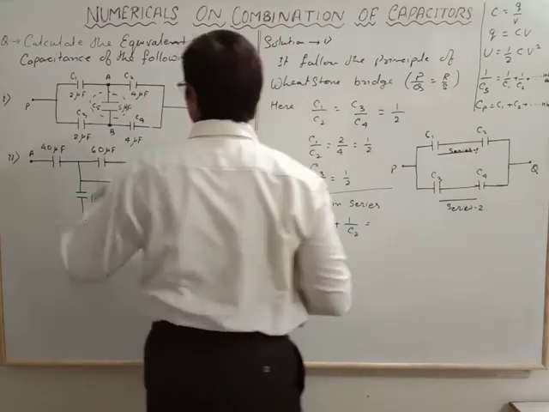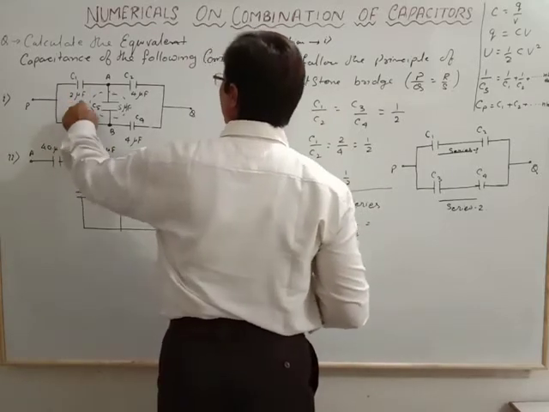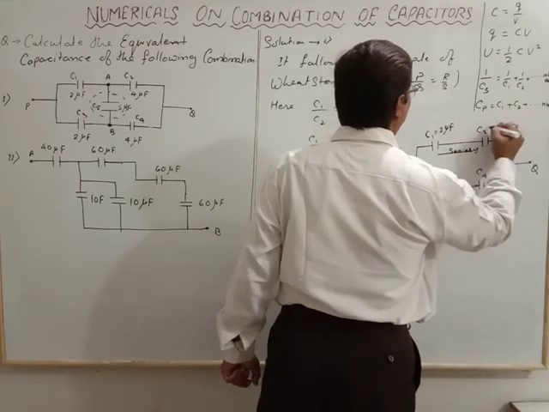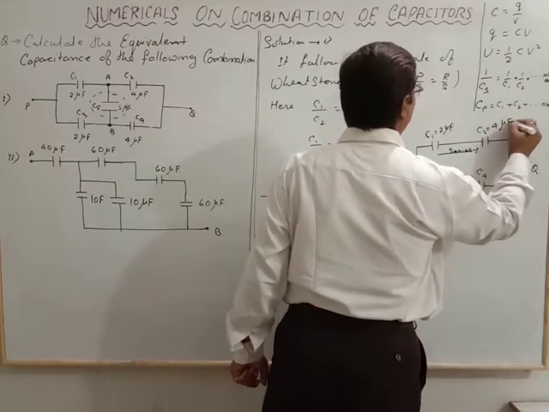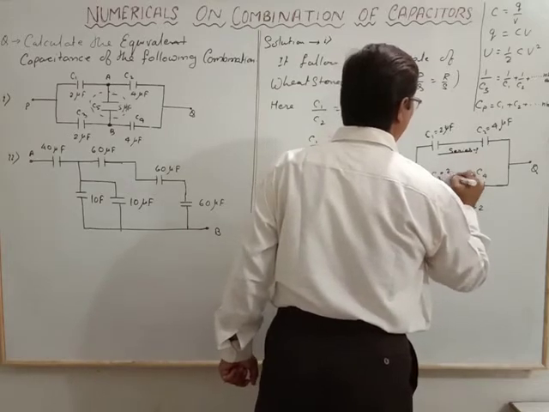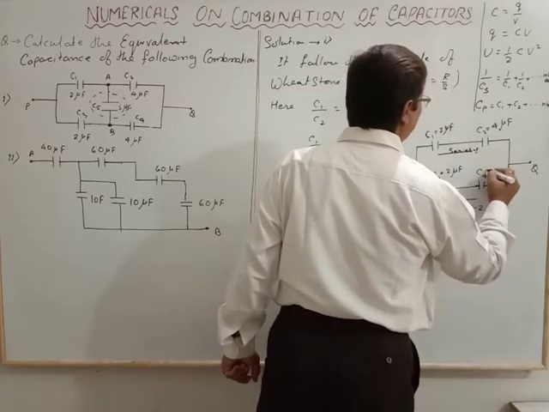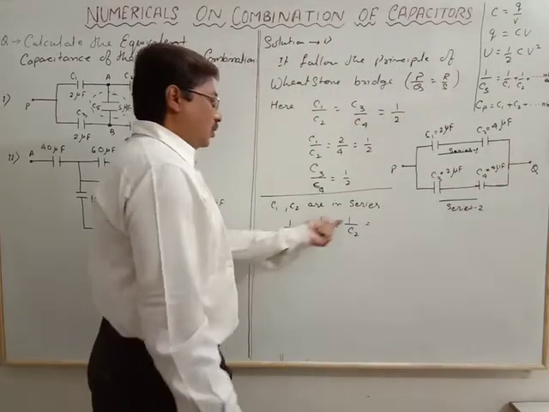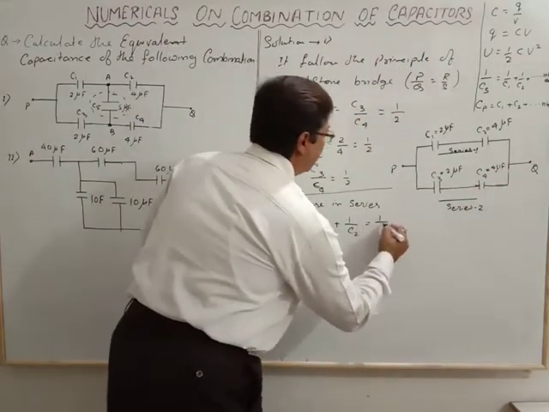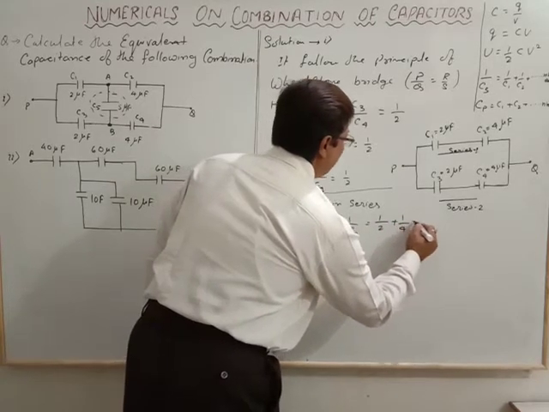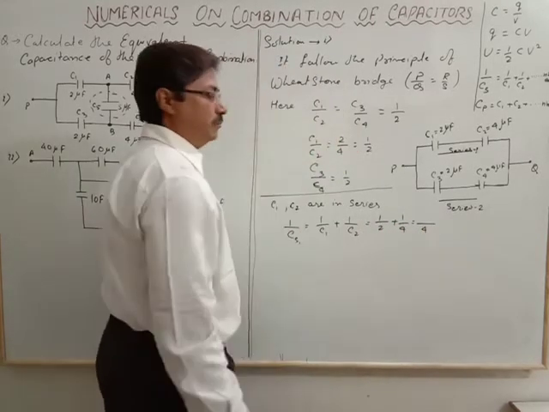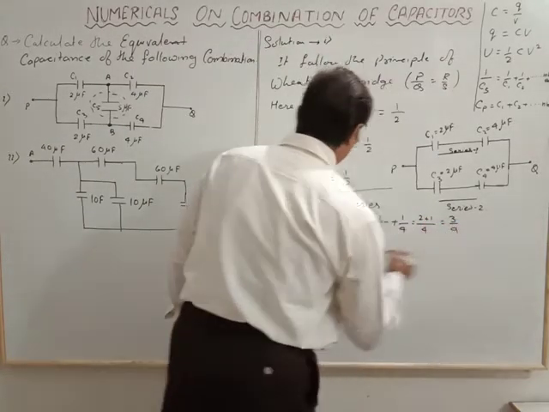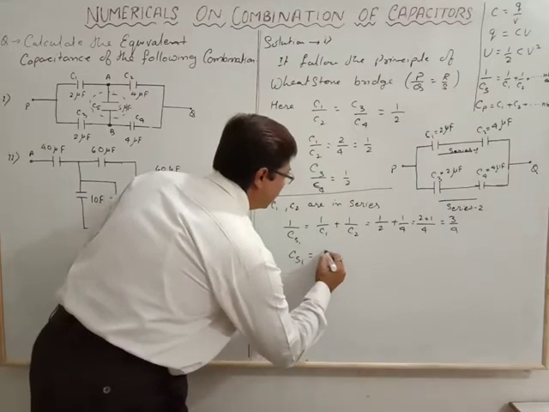For C1 it is 2 microfarad and C2 is 4 microfarad. So 1 by 2 plus 1 by 4, we take 4 as common, so it is 2 plus 1, that is 3 by 4. So CS1 is equal to 4 by 3.